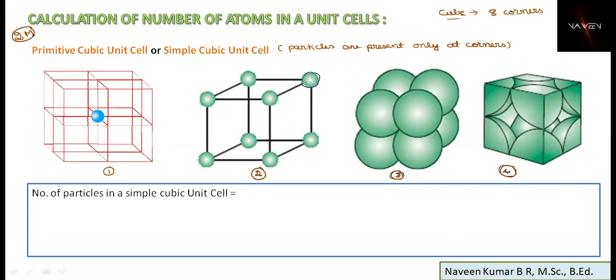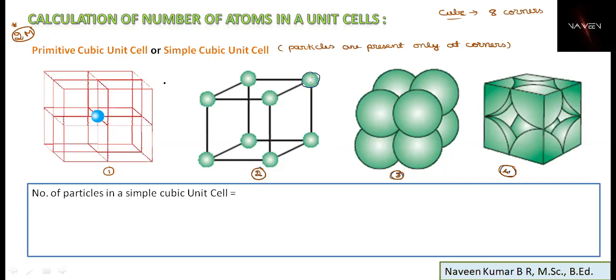We have three types: simple, body centered, or face centered, or we have a 3-mark derivation in the packing efficiencies. There we are going to see the same crystal systems of simple, body centered and face centered. So what is the actual number of particles present, leaving the empty spaces? In that calculation, the first step is going to be the same: calculating the number of particles or atoms present in that unit cell.